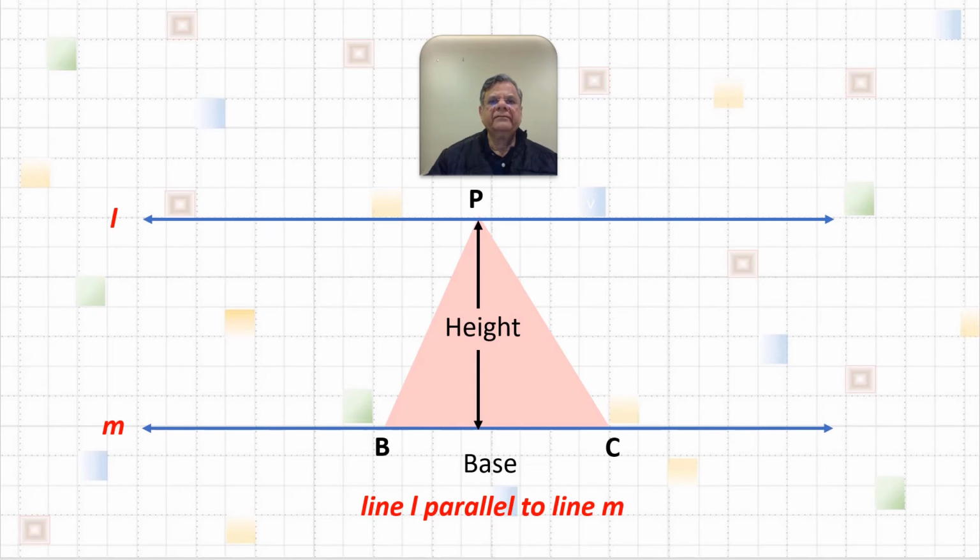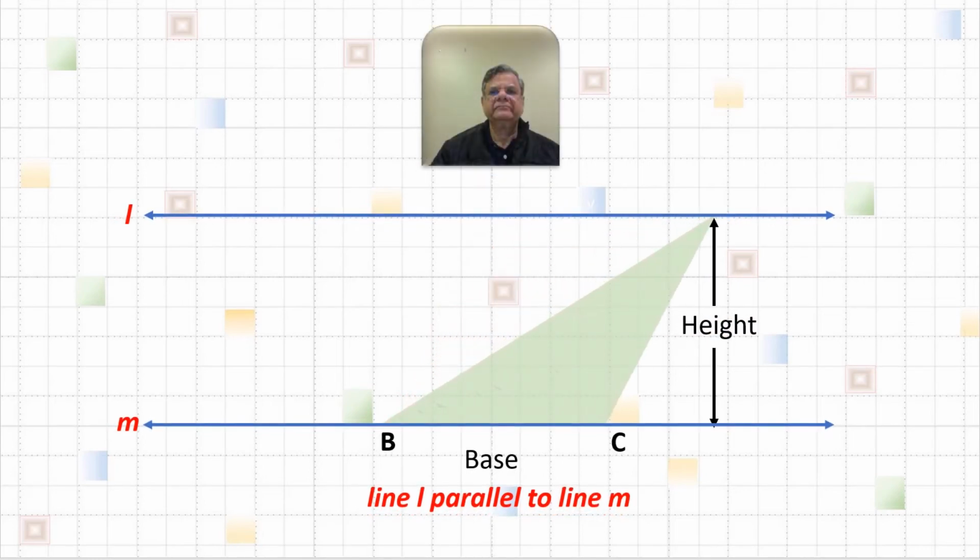Now consider triangle PBC. Triangle PBC stands on base BC and lies between two parallel lines L and M. Now we are going to move point P along line L. Triangles PBC and QBC have common base BC.